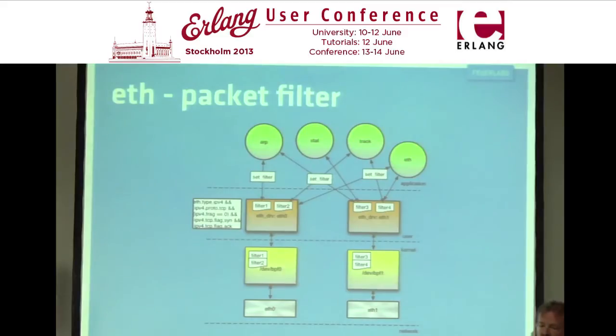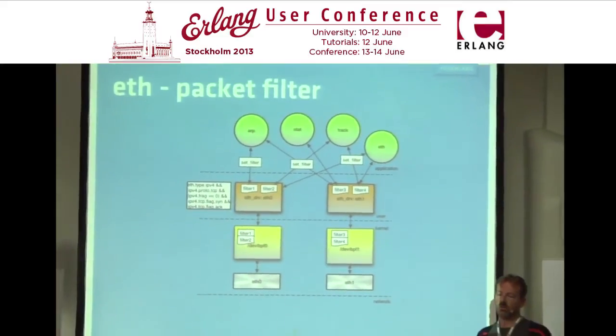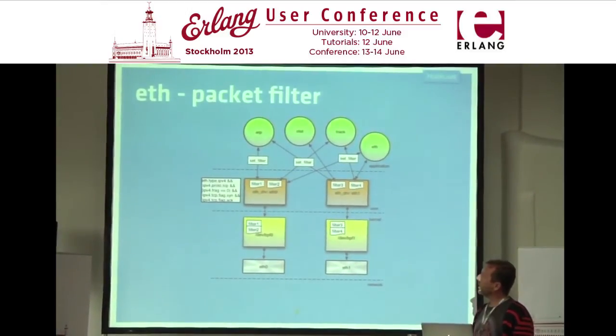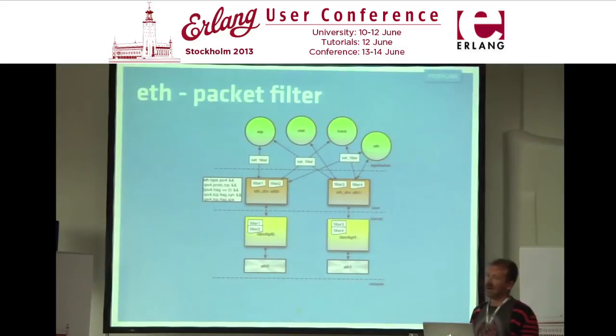And as I said, you push the filters down to the Erlang driver, and the Erlang driver will combine the filters down to the kernel. So it will put them together so that you get one kernel filter; you will join them before you do the subscription or the set filter operation down to the kernel.